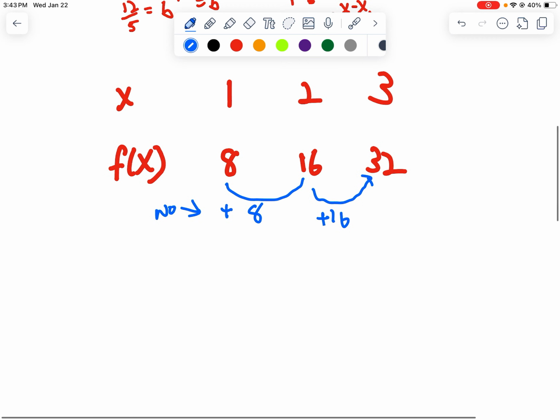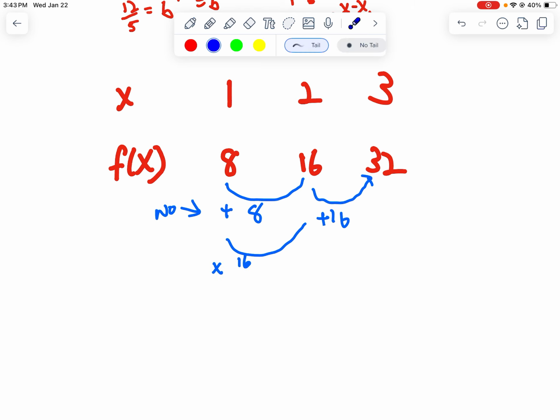So let's try exponential. To do that, we have to see what we have to multiply by. The easiest way is to take the number to the right divided by the number to the left. So 16 over 8, or 32 over 16.